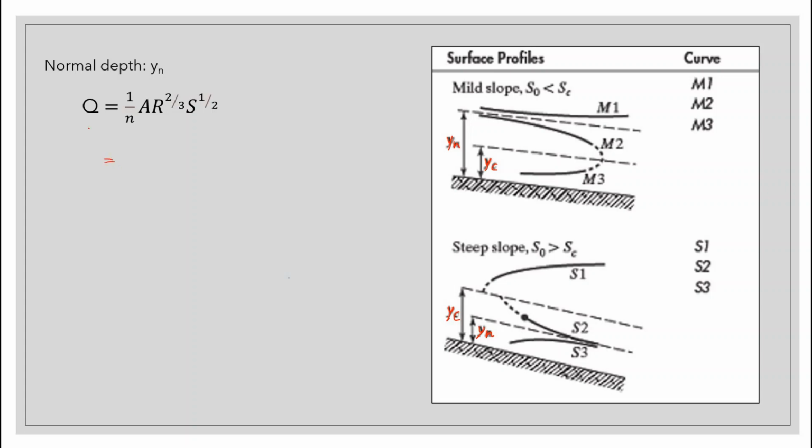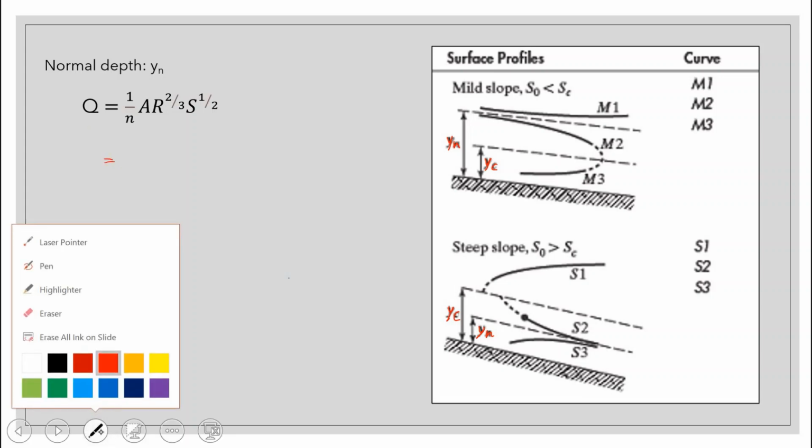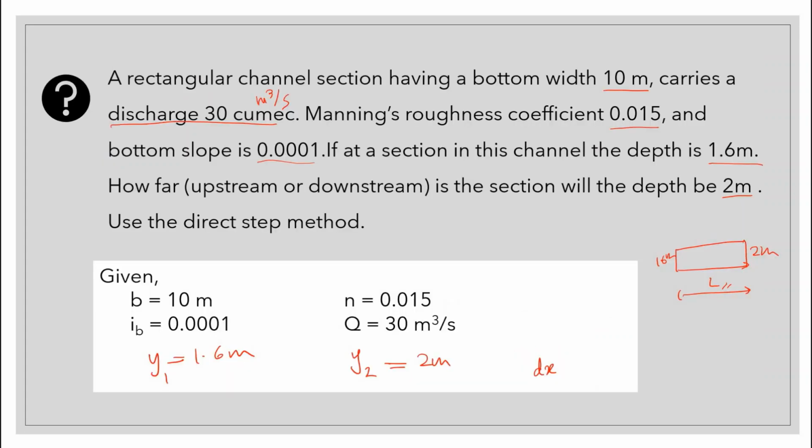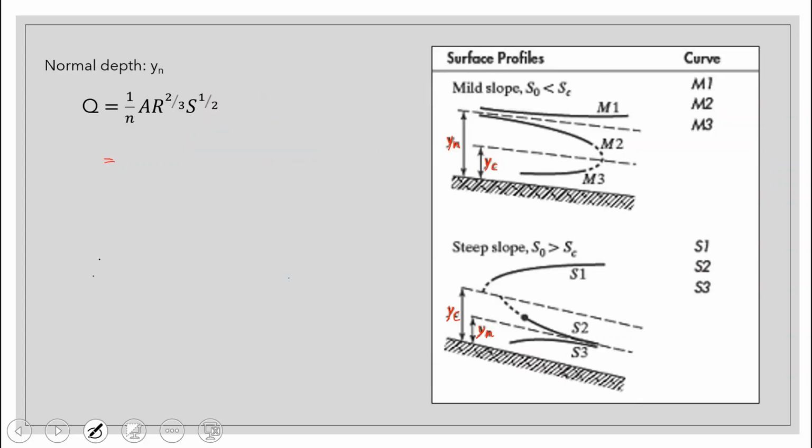We have the equation Q is equal to 1 by n, A R raised to 2 by 3, S raised to 1 by 2. Here Q is given as 30 meter cube per second, and n is Manning's coefficient, which is given as 0.015.